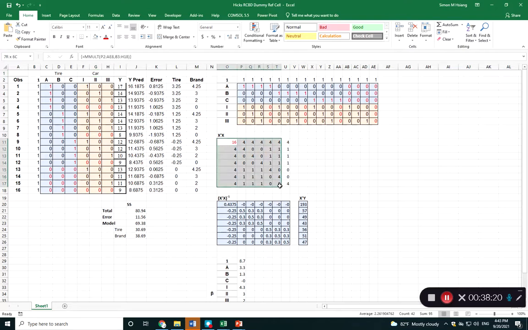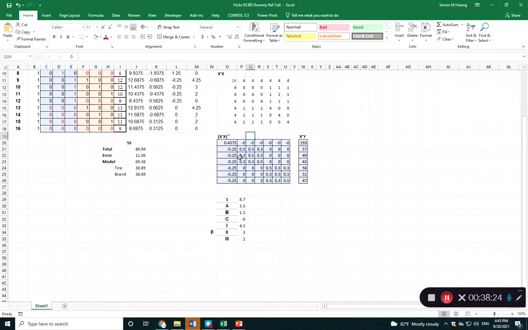Okay? And then once you do that, you can have x transpose x inverse. Okay? And here I want you to pay attention: you can see that there are values around car and there are values around brand. But did you see anything in between? It's all 0, 0, 0. Right? You follow me?